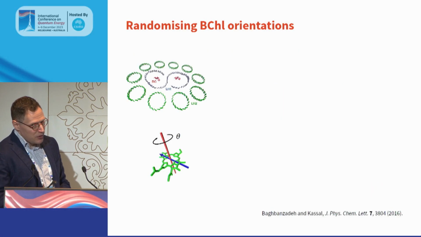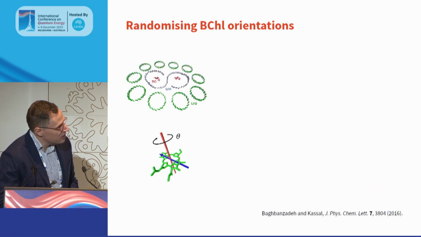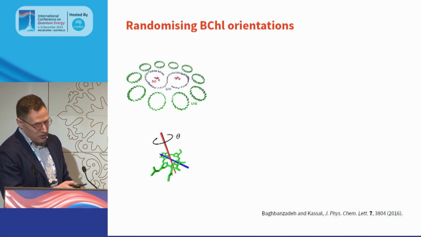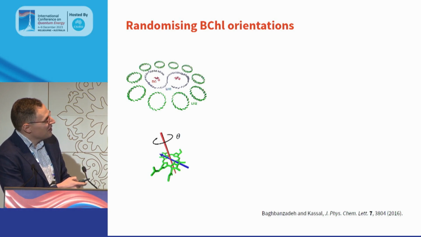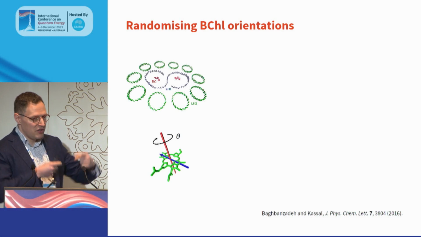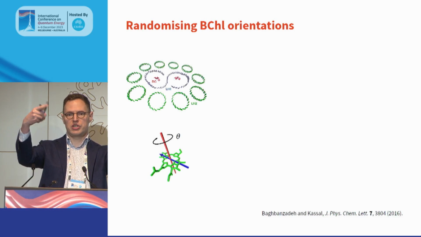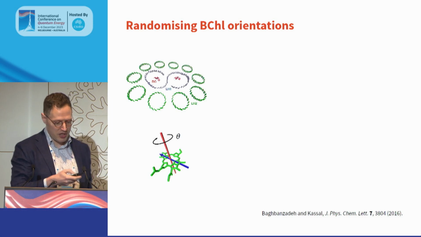How do we know? Why do I think this is so important? Well, we've done this study now a few years ago where we randomized the orientation on a computer. I'm a theorist, so you'll forgive me. We randomized the orientations. Instead of having these perfectly aligned circular things, we imagined what would happen if the transition dipole moments were pointing in random directions.